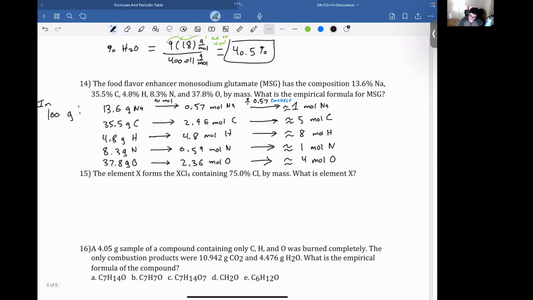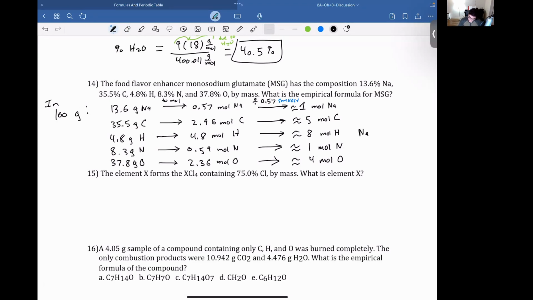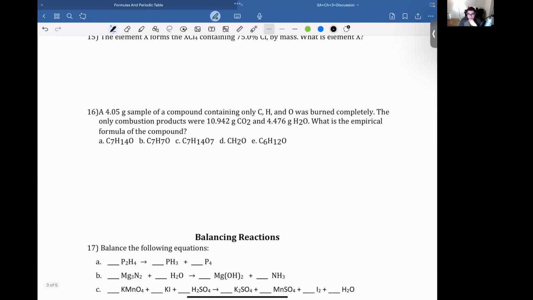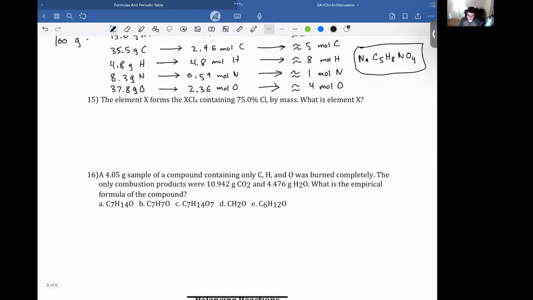Then you can just write these all together. For the empirical formula, it's going to be NaC5H8NO4. Done. So same as the ones we saw before. Again, I think you'll be fine rounding up or down on the test. It should be just very clear. It's not always the case, though, if you take future classes, like spectroscopy and OChem.